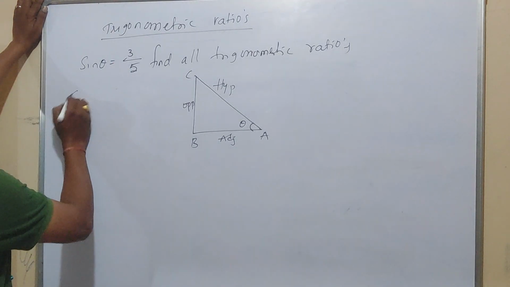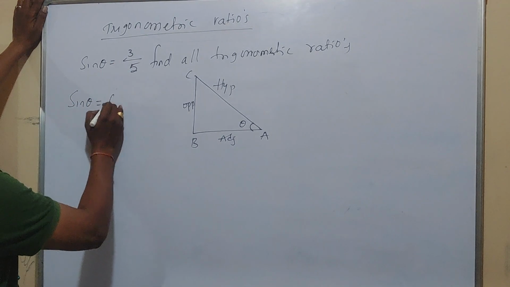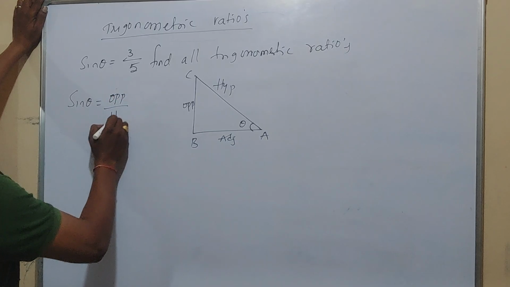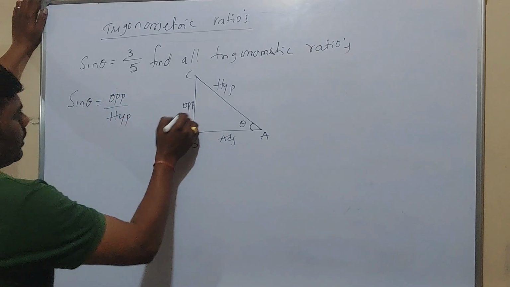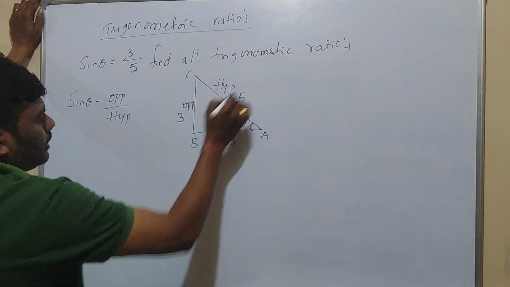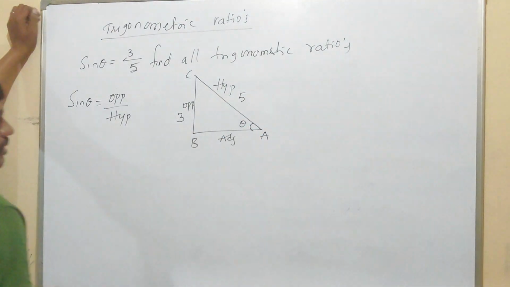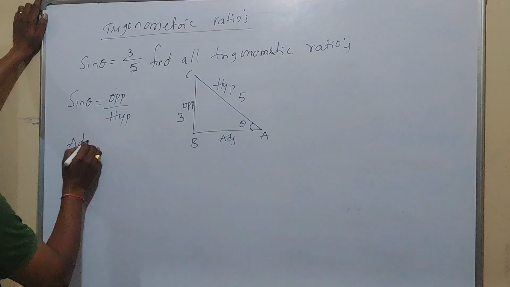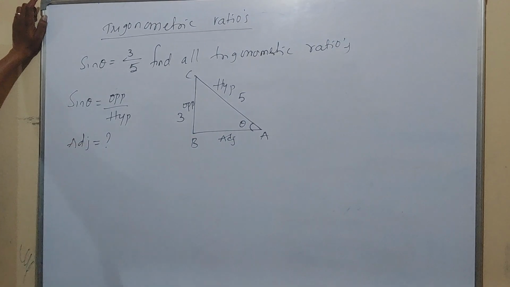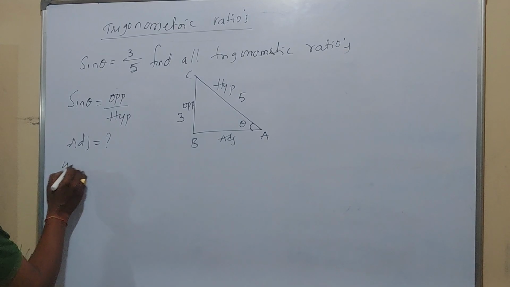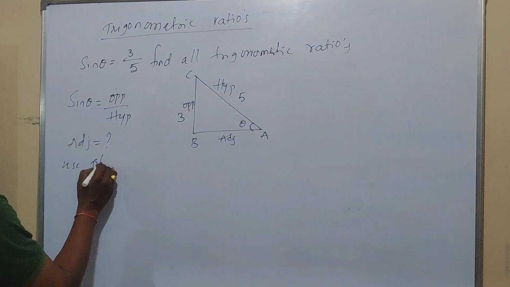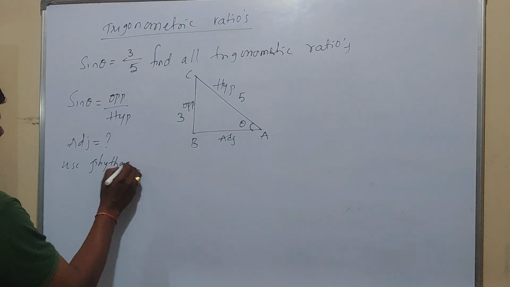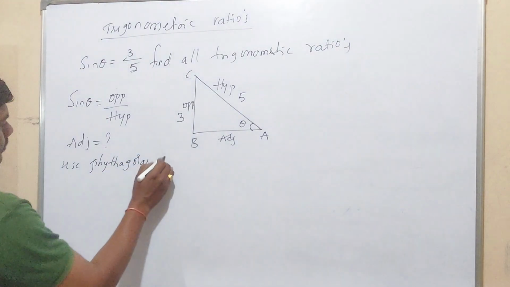Sin means opposite by hypotenuse, so opposite is 3 and hypotenuse is 5. We need to find the adjacent length. How to find it? Use the Pythagoras theorem.